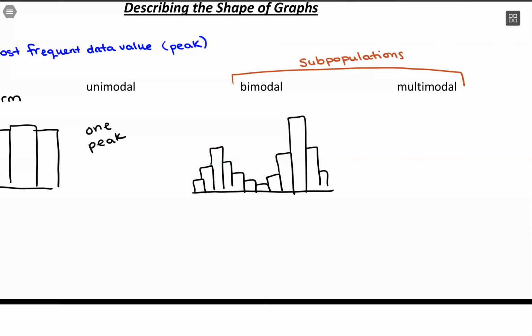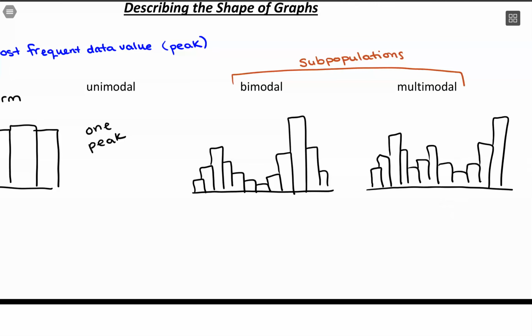And multimodal would be the same idea with three or more peaks. So maybe something like this. That would be multimodal in that this would decrease down, increase up, decrease down, increase up. So you'd have these three peaks there.